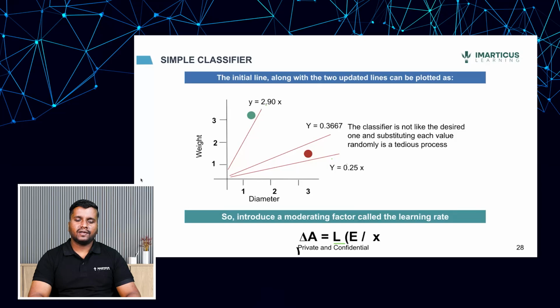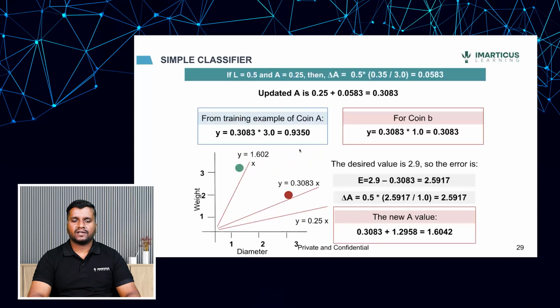With the learning rate, we will have delta a is equal to L into e by x. So basically L will moderate the speed of finding an optimum classifier in this linear classification.